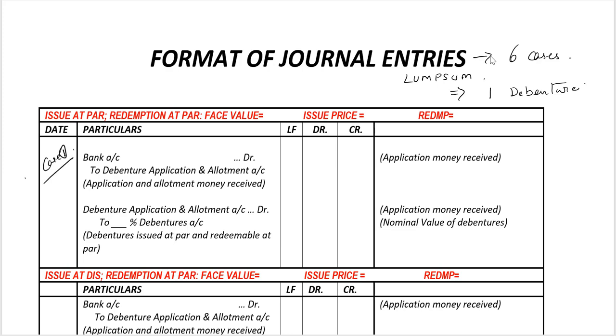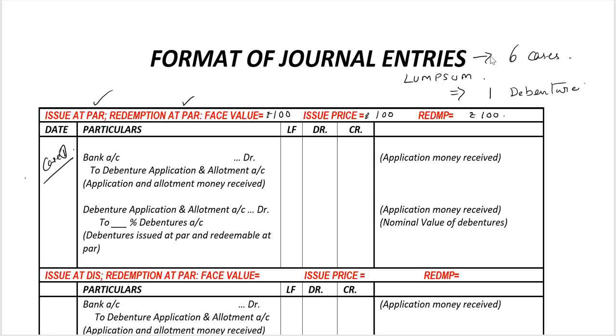In case 1, the issue is at par and the redemption is also at par. So let's assume that the face value of one debenture is rupees 100. When we say issue at par, it means that the issue price is also rupees 100. And since the redemption is also at par, the redemption amount will also be rupees 100.